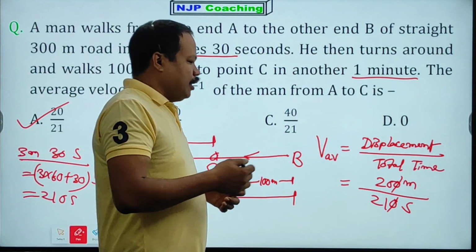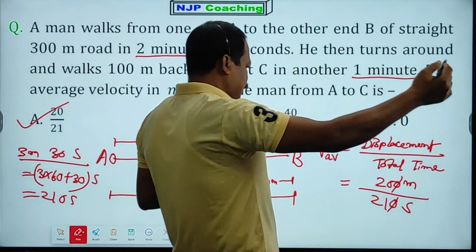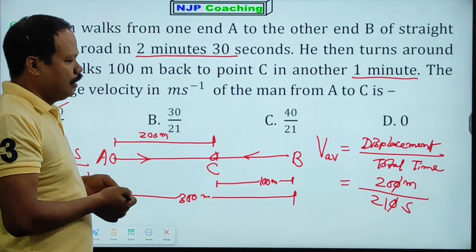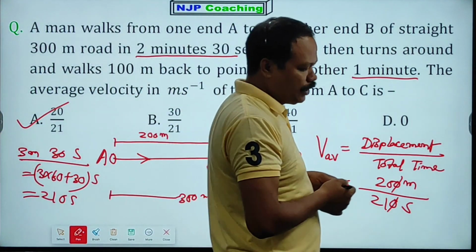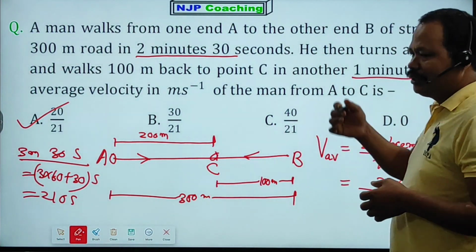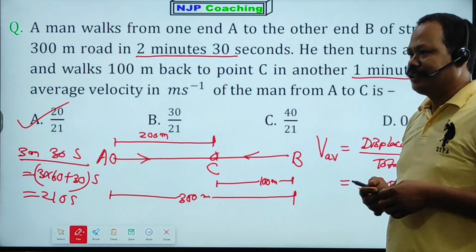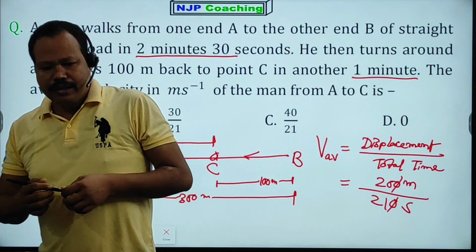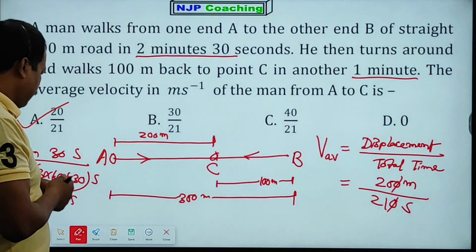After going first 300 meters, if he returns back 100 meters, displacement produces 300 minus 100, 200 meters. So displacement by total time, 200 by 210 seconds. On cancellation, this is 20 by 21. So right answer is A.